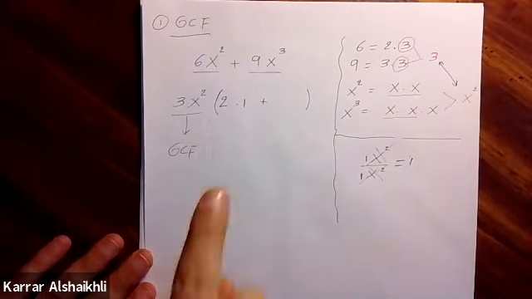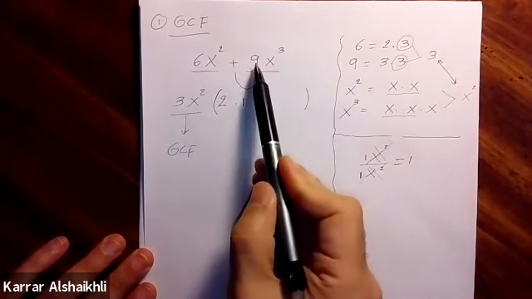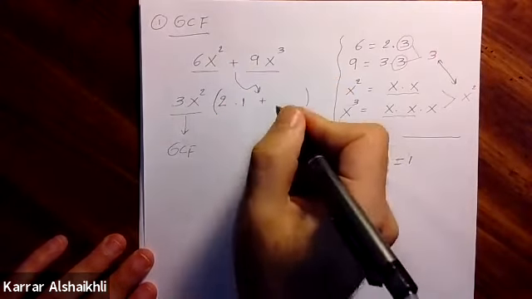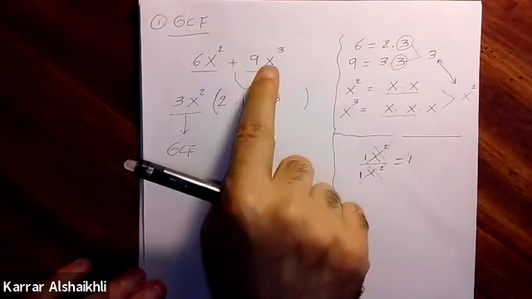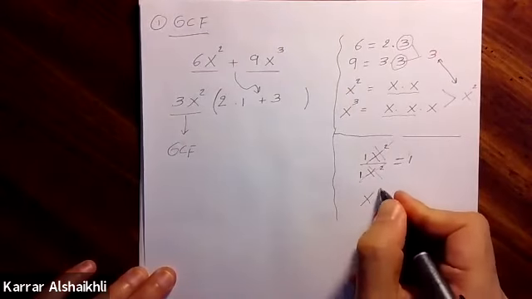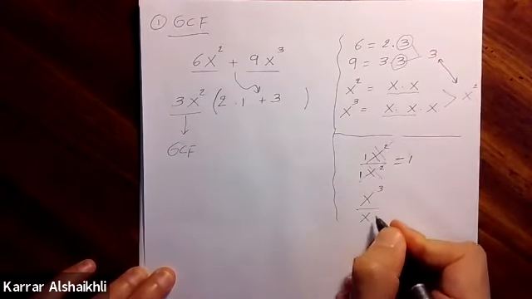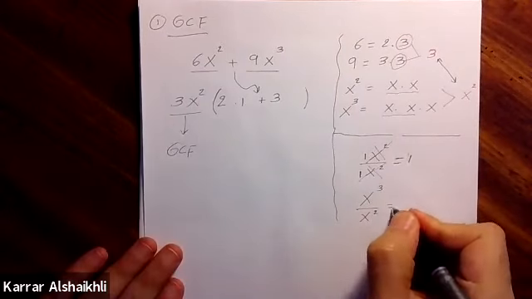Let's keep going. Here's the plus sign. 9 divided by 3 is going to be 3. Now tell me, x cubed divided by x squared. How many x's do you have on the top? 3.